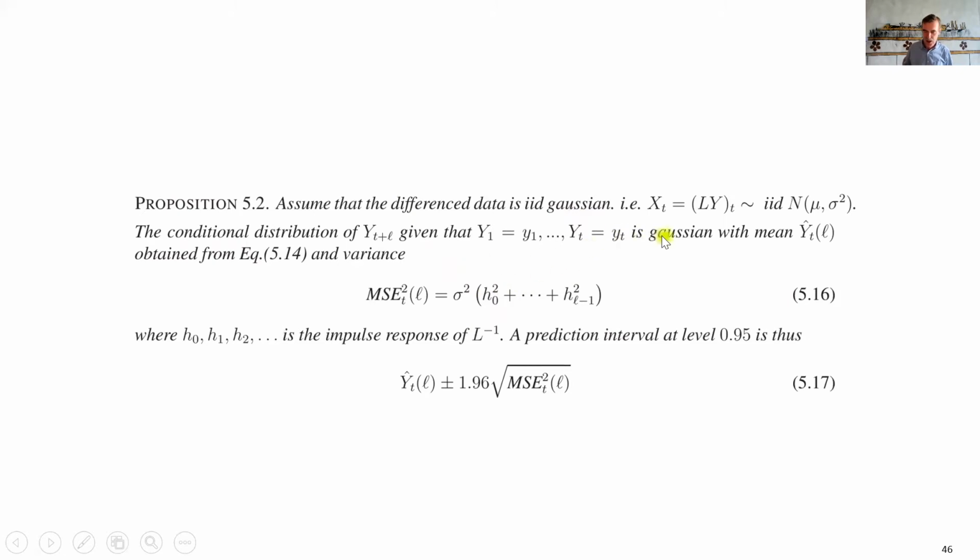What I need is now the impulse response of the inverse filter. And when I do prediction at lag L, I take the first L terms of the impulse response, and I obtain this formula. This quantity will take the sum of the squares of the coefficients times sigma square, and that will give exactly this prediction interval.